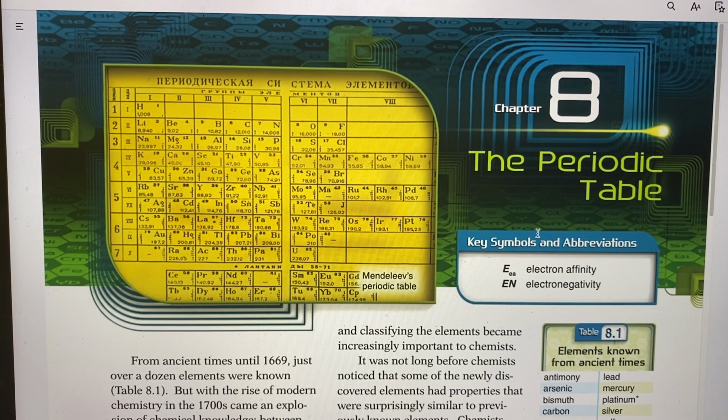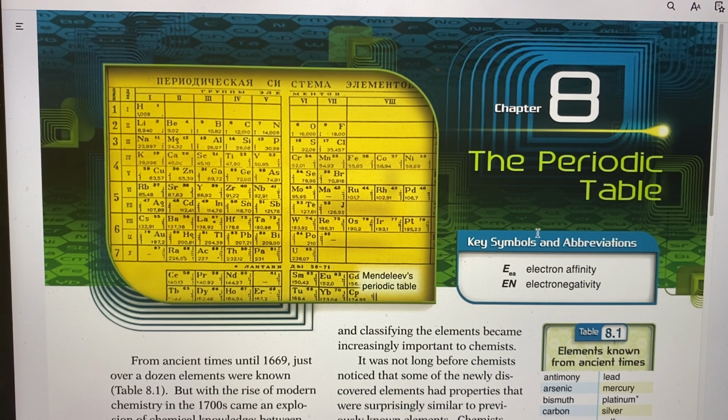So where did we get them? Where did he get these ideas? Well, it says from ancient times until 1669, there were only about a dozen elements. And then between 1737 and 1869, we had 49 new elements. And chemists noticed that some of these elements had very similar properties and started grouping them.